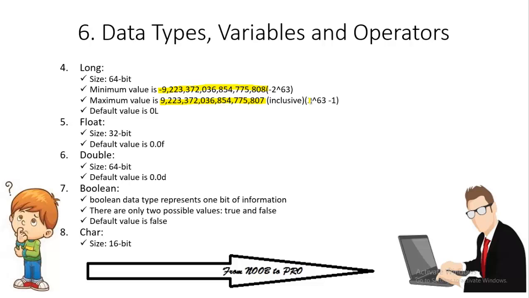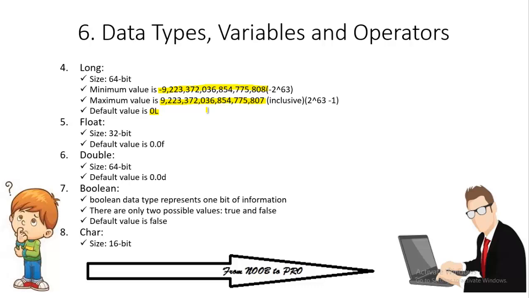So in this case, use long. The default value is 0L if we do not give any value to it. Long is used when we need to use a very large number, and int is not suitable to accommodate such a large number. In such a case we use long.